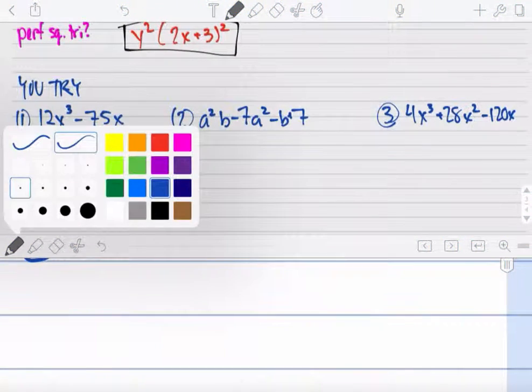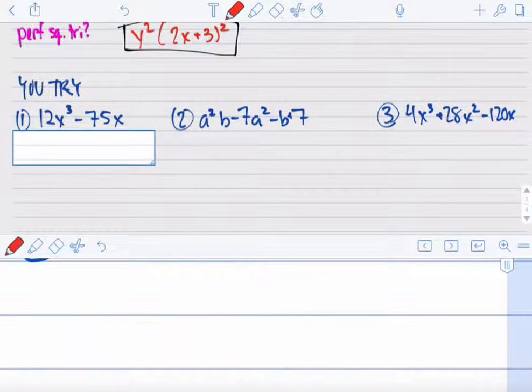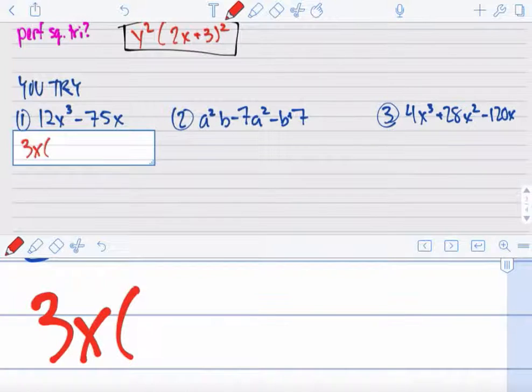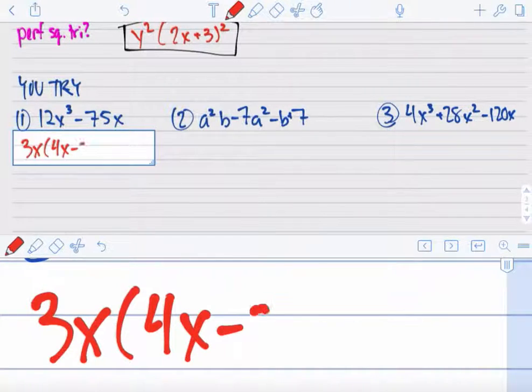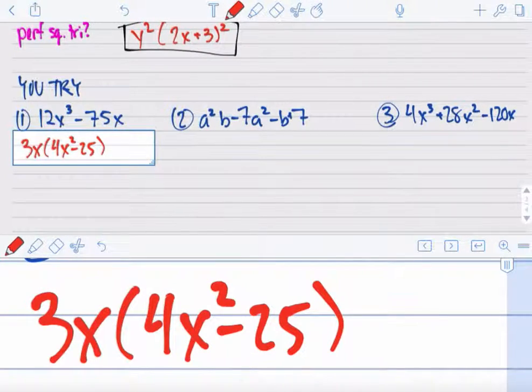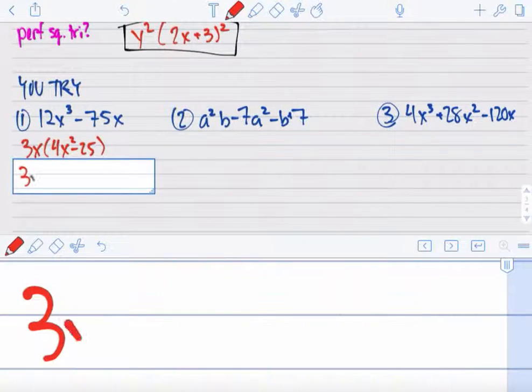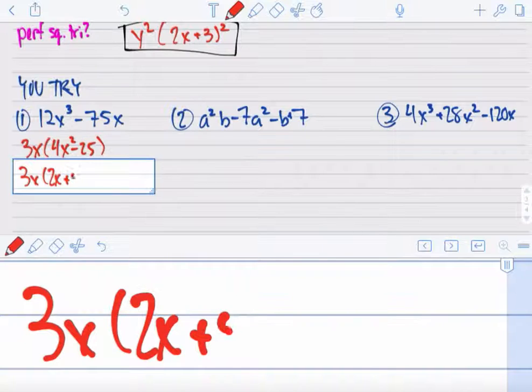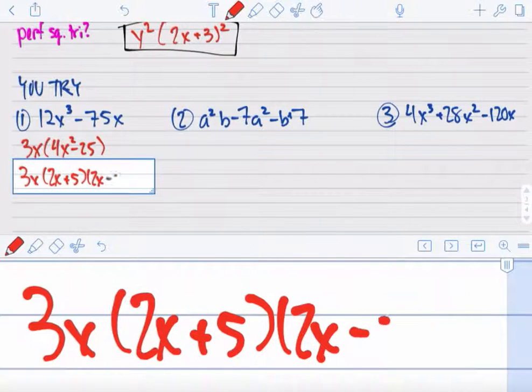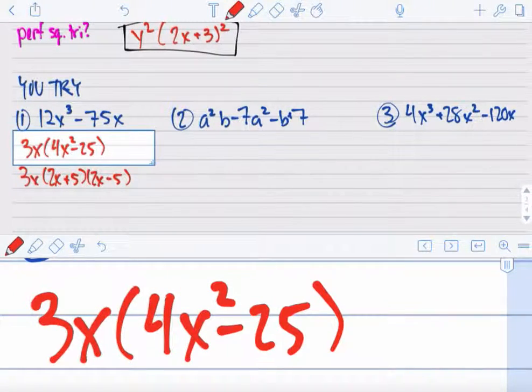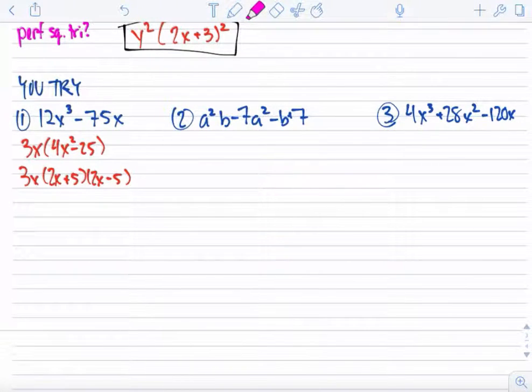I'm going to work from 1, looking for a GCF. 3x comes out, and you get 4x squared minus 25. So with the 3x, that gives me 2x plus 5, 2x minus 5, because that term is a difference of squares.